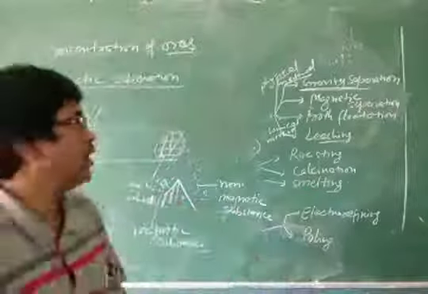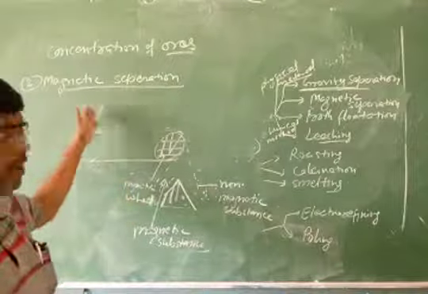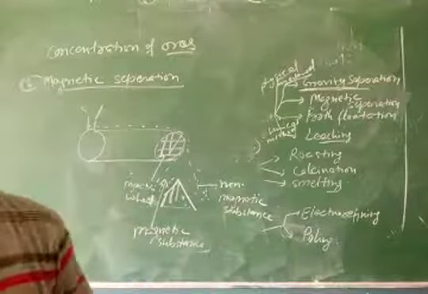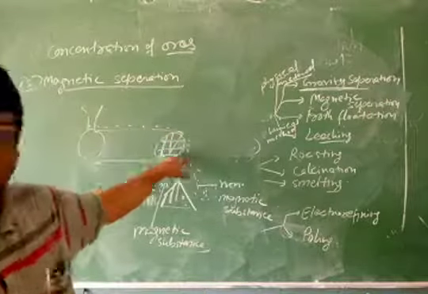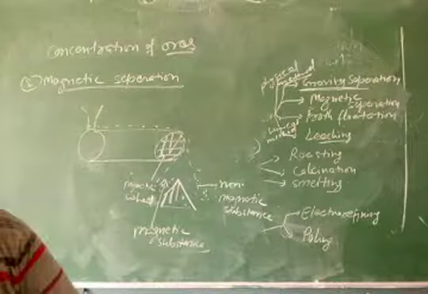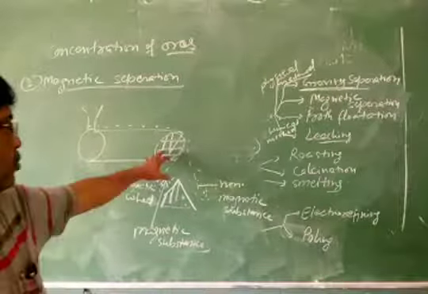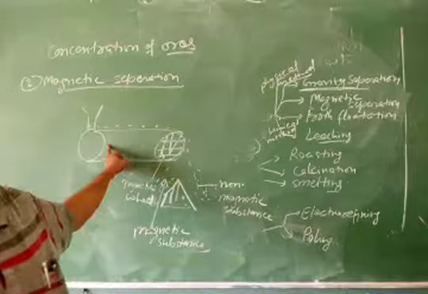So first, after getting concentrated ores, we go for magnetic separation, and in this, the pulverized ore is spread very thinly on a conveyor belt, which moves horizontally on the pulley. These two are pulleys. One is magnetic in nature, another is non-magnetic.